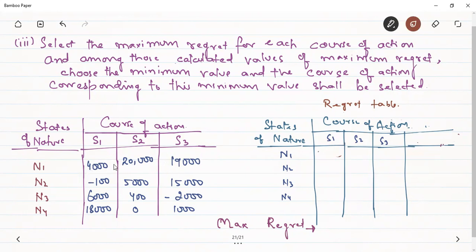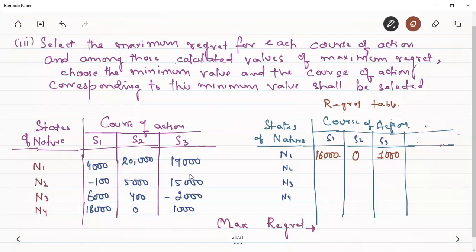So we subtract each payoff of this first state of nature from 20,000. 20,000 minus 4,000 will be equal to 16,000. 20,000 minus 20,000 will be equal to 0, and 20,000 minus 19,000 will be equal to 1,000.